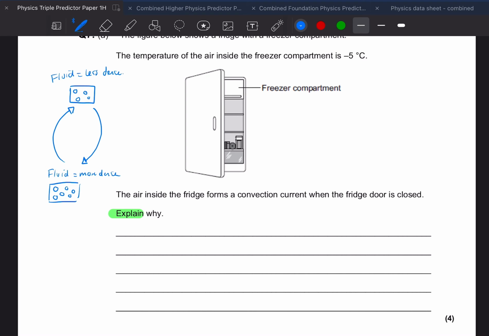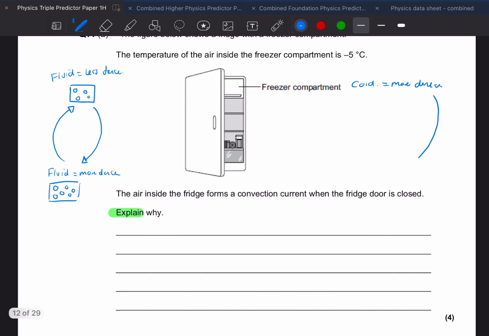So let's see if we can figure out why we get a convection current in this fridge. First off, we've got our freezer at the top. So it's going to be cold here, so more dense. So that is going to drop here.